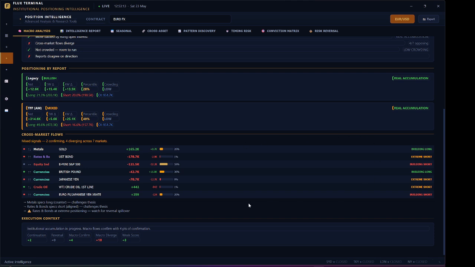Then it summarizes all the related contracts, like the metals, the rates, the bonds, the USD bonds that are affecting the equity, and the other cross pairs.